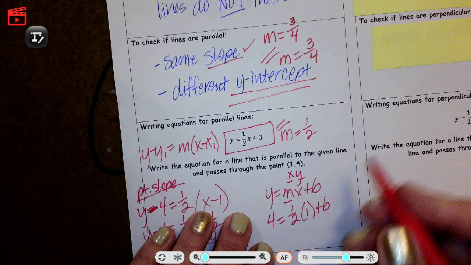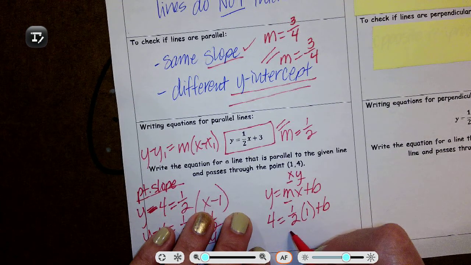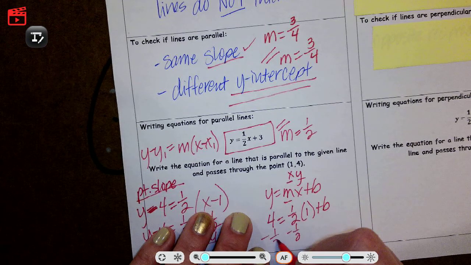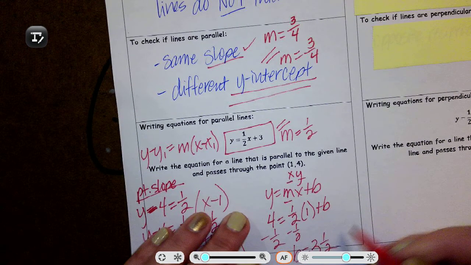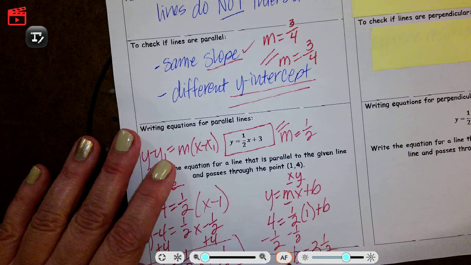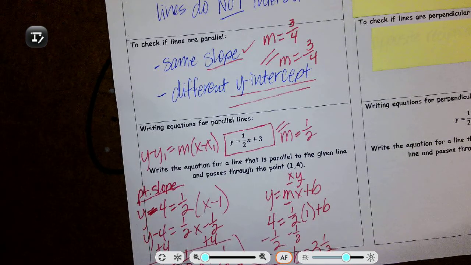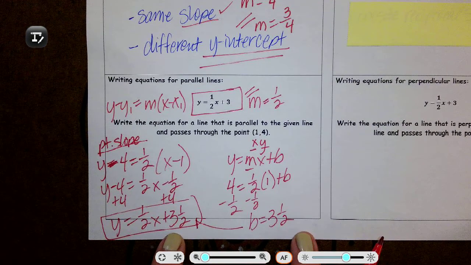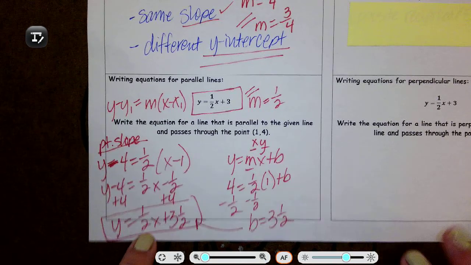And then I'm just going to solve for b. 1/2 times 1 is 1/2. I subtract 1/2 from both sides. b is equal to, wait for it, 3.5. And then we plug that into our new equation. So guess what? No matter which way you do it, you're going to end up with your new y-intercept of 3.5, and your slope would be 1/2.